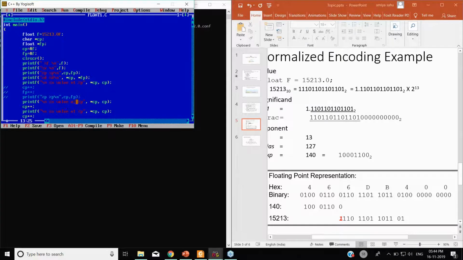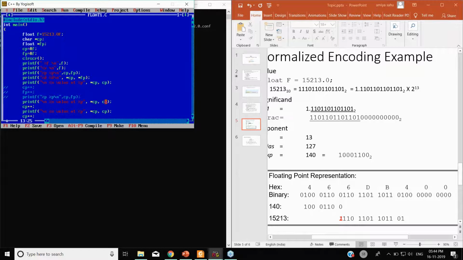So we took the help of the character pointer, and let us see how it prints. In the next printing function that I have used, I printed the %x, that is hexadecimal format, value at %p. %p is for the hexadecimal format of the pointer value.